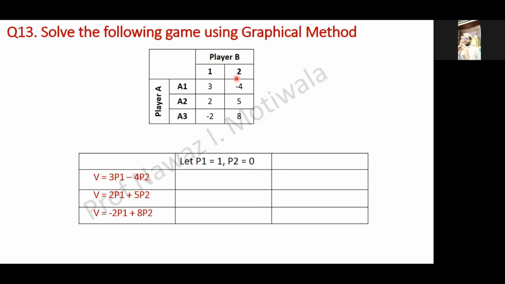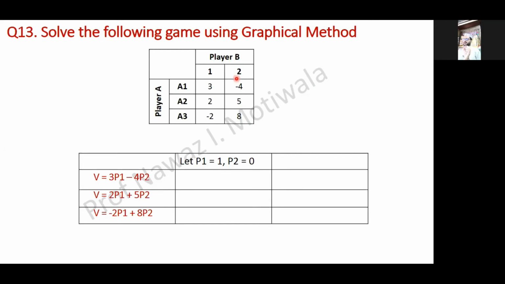Again I repeat, this is my assumption, a simple assumption which I am making. You can use any of the values here. You can use P1 equal to 0.8, P2 equal to 0.2, or P1 equal to 0.5, P2 equal to 0.5. You can use any values which sum to 1.